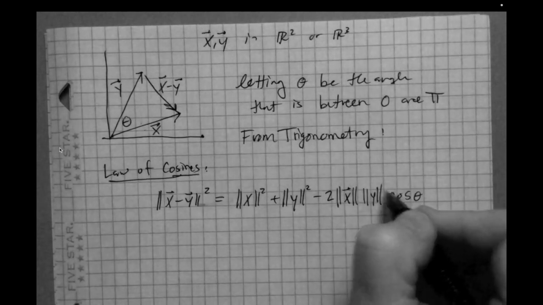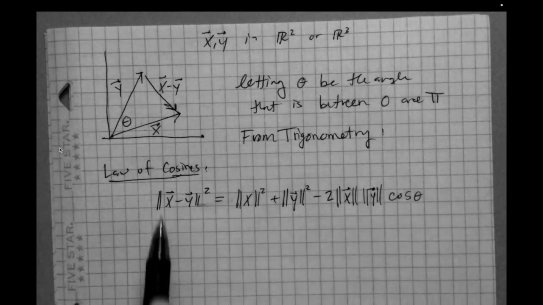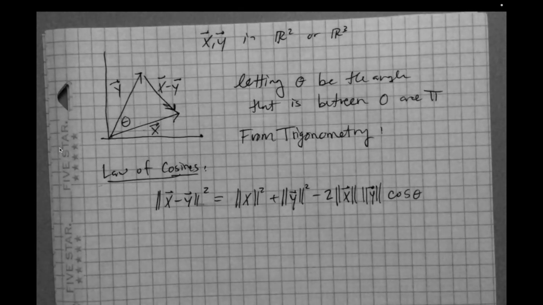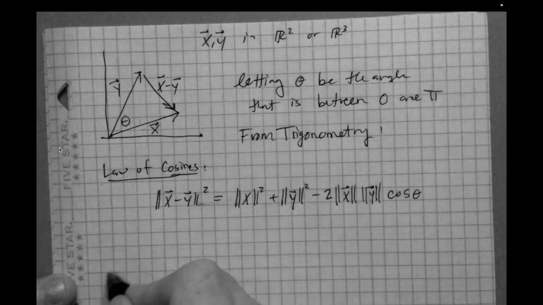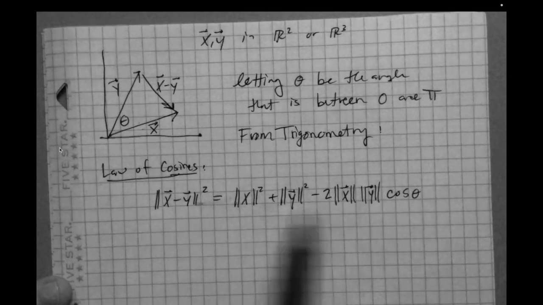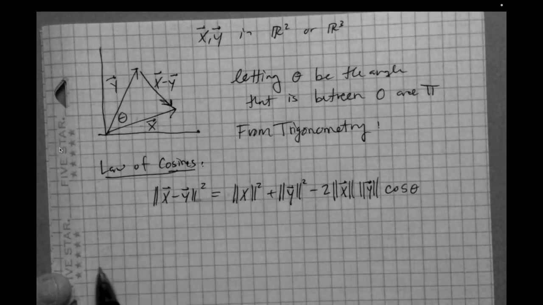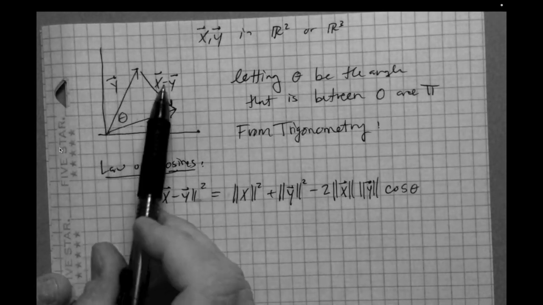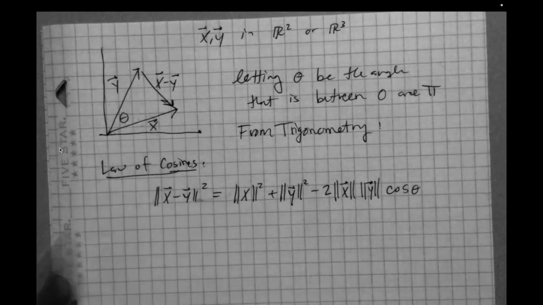This is something called the law of cosines from trigonometry. If you went through a trig course, you definitely went through this; it's a major topic there. There's also a law of sines, but the law of cosines is the one we're referencing here. Recall that in that trig class, it would have been A, B, and C, so maybe this is A, that's B, that's C, and then your angles were little a, little b, and little c.